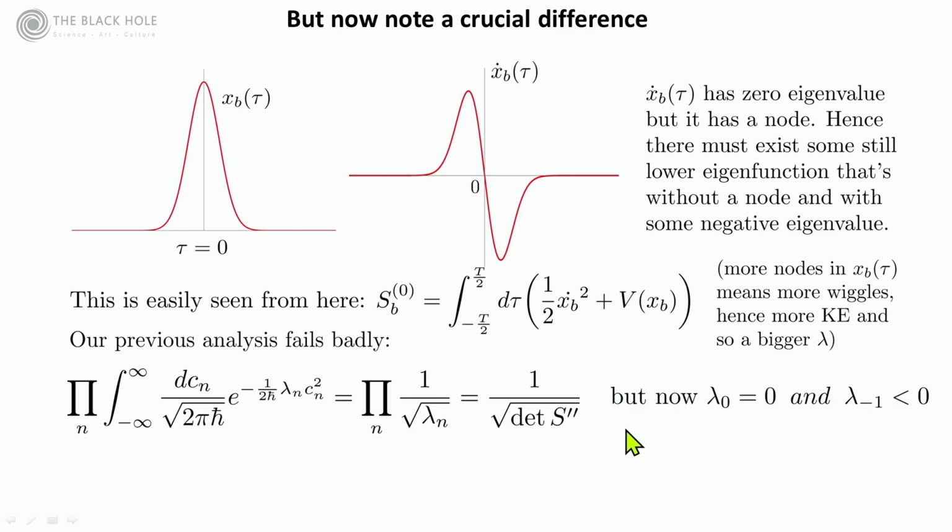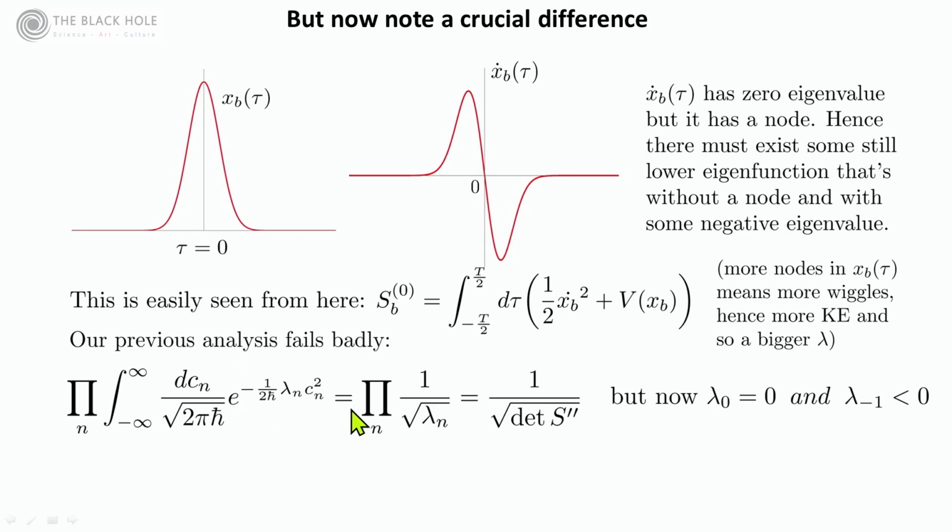But now, as we saw in the case of the symmetric double well, we had lambda 0 equal to 0, but that was the last mode. Now there's a mode which is negative, which means we have to do this integral over here with lambda minus 1, which is negative.